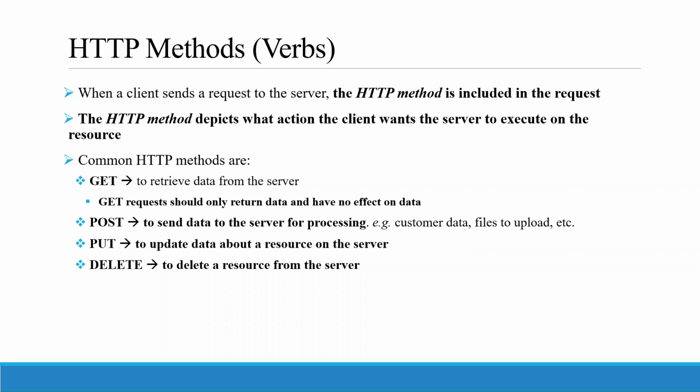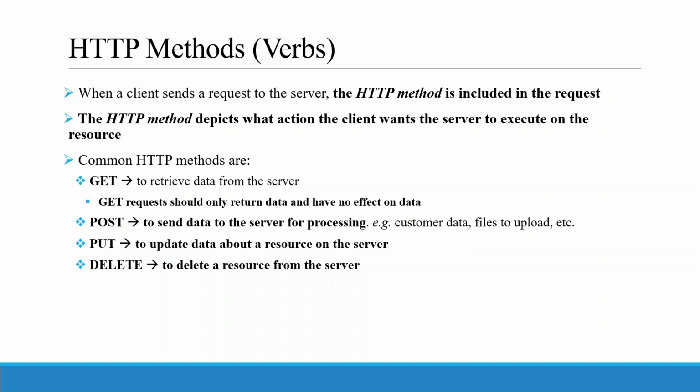There are 4 common HTTP methods. The first one is GET, used to retrieve data from the server. Note that GET requests should only return data and have no effect on the data. Okay. Then we have POST, used to send data to the server for processing.